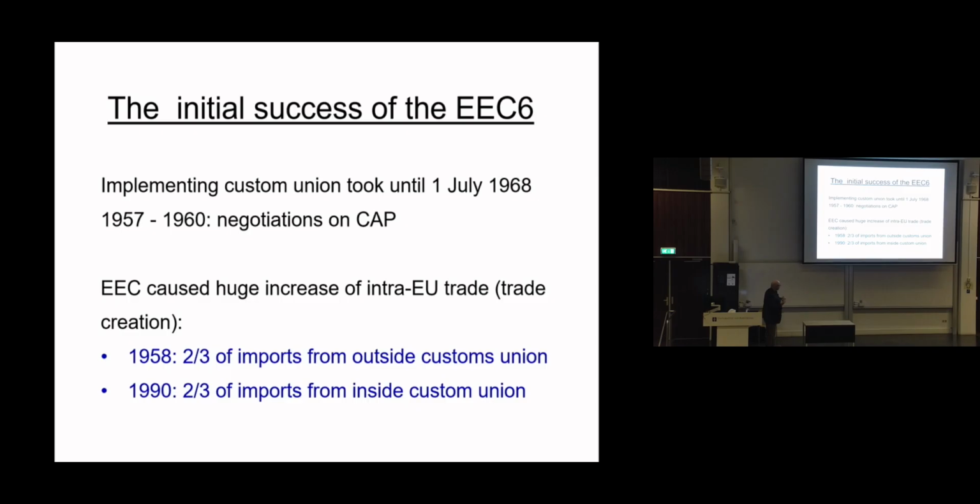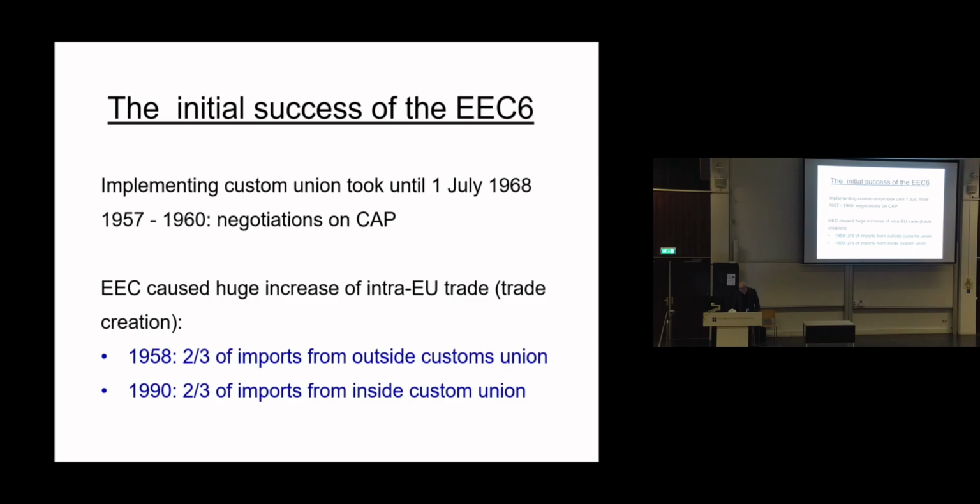I think it's important to realize that the most important trading partners of European countries are other European countries. Yes, China is important, yes, the United States is important, but the neighboring countries are way more important than China, Brazil, or whatever. For the Netherlands, the top three trading partners are Germany, Belgium, and England, the neighboring countries.